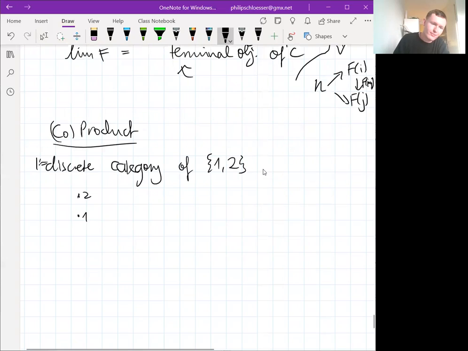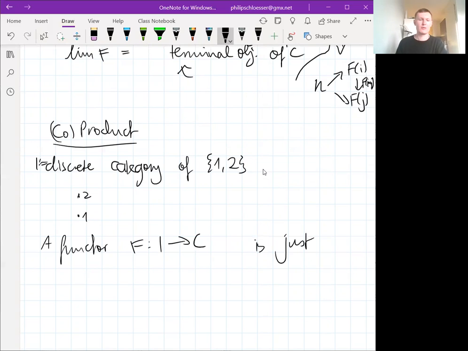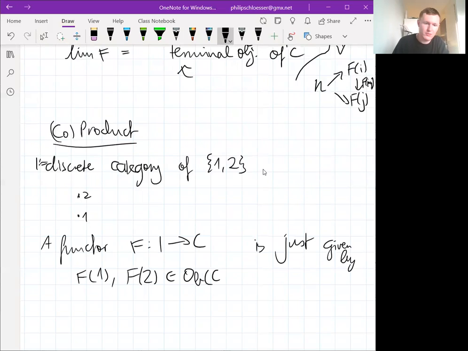Now, the functor f from I to some category C, what does it do? It maps the points to things. We have two objects, F1 and F2, that are objects of C. And then in total we have two morphisms, namely the identity of 1 and the identity of 2.